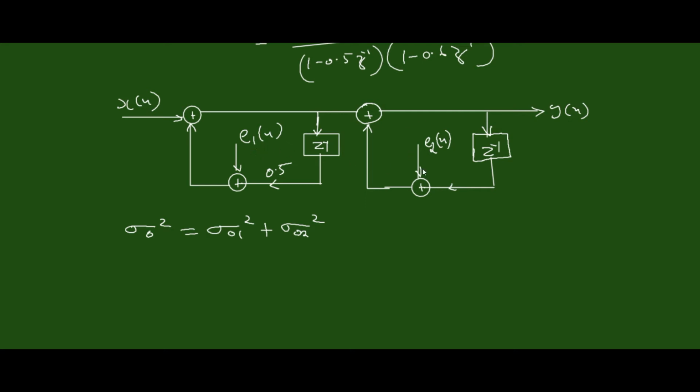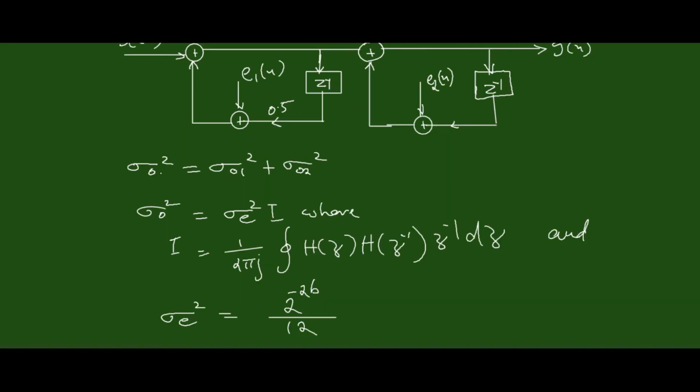Accordingly, we have to compute the noise power corresponding to E1 of n and E2 of n and find the sum. Here, the overall noise output power is given by the noise power due to E1 of n and the noise power due to E2 of n added.